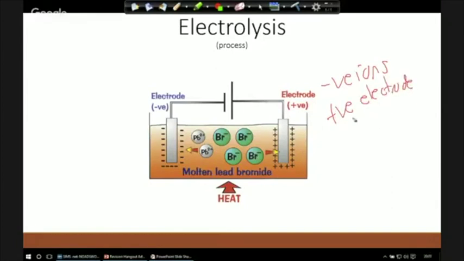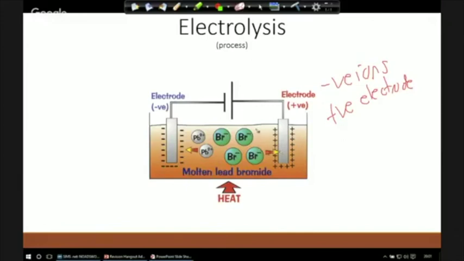Opposite charges attract. And so we are going to get ourselves the losing of electrons, and so we have an oxidation. Because of that, we find that we produce bromine.